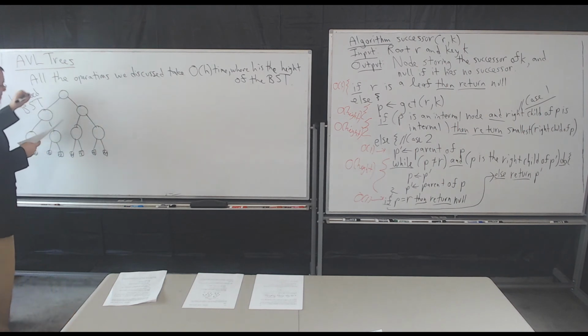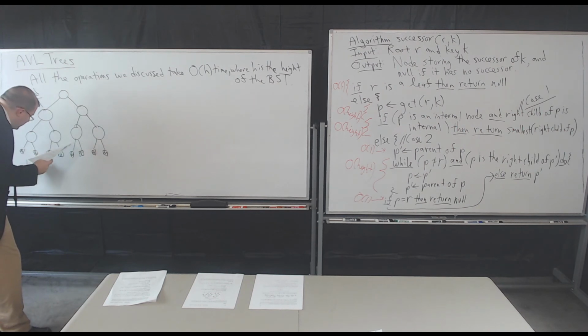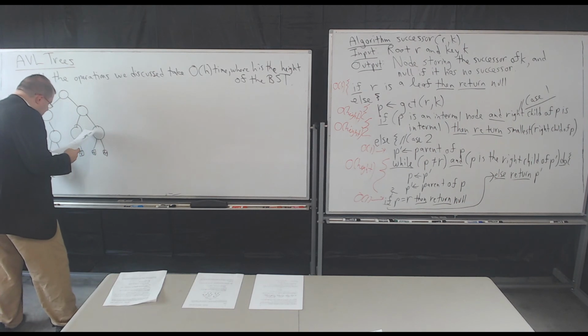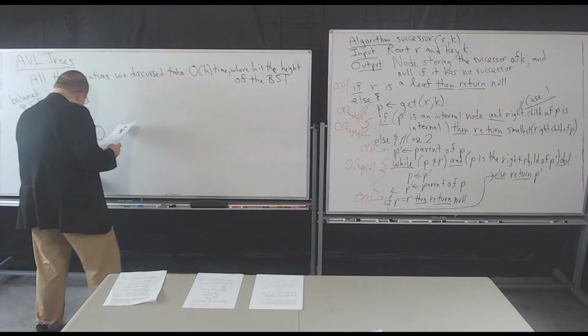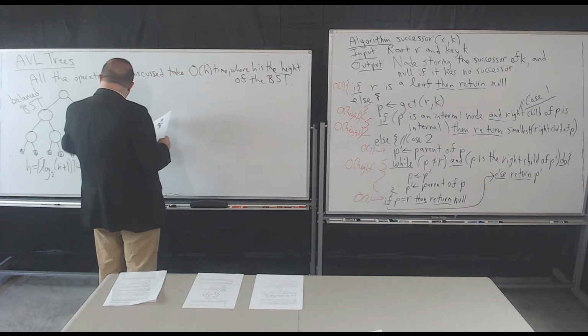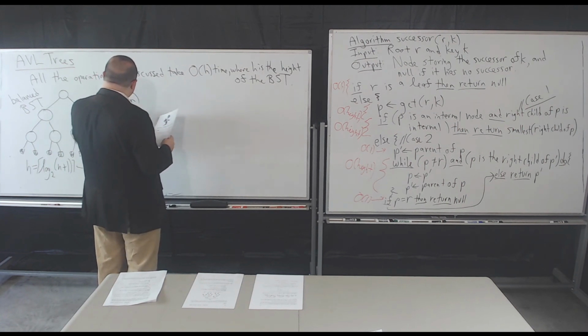So what's the height of this tree? Well, I'll let you think about it if you like. It's the ceiling of log base 2 of n plus 1, minus 1. The point is that a balanced binary search tree has height that's big O of log n.